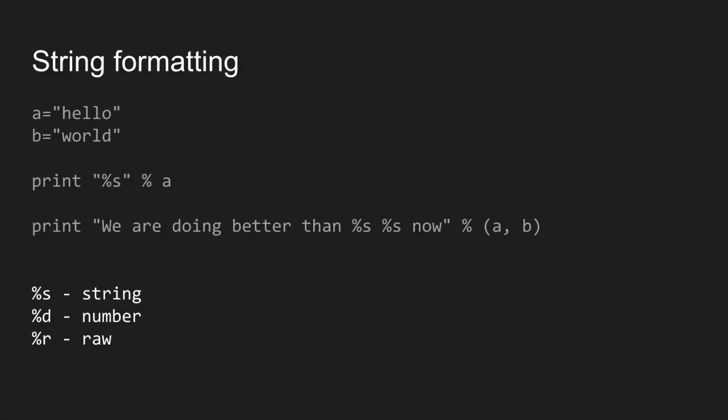So we call it out basically with a modulus sign and then a. If we need to do multiple items, we have to put them in a little comma-separated list within parentheses. It's going to do it in order, so this S is going to be A, and this S is going to be B. The reason you're doing this is because sometimes you have a variable assigned somewhere and you want to print out that variable.